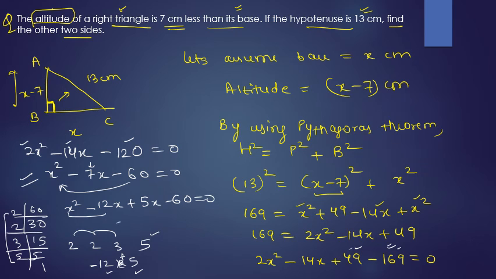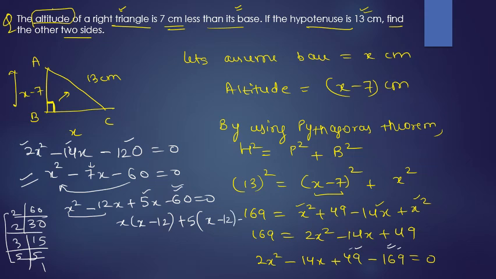You can take x as common from here. Let me erase a bit. So you take common x, so x minus 12 is left here, and from here, 5 and 60, you can take 5 common. What is left? x minus 12, 5 twelves are 60, right?